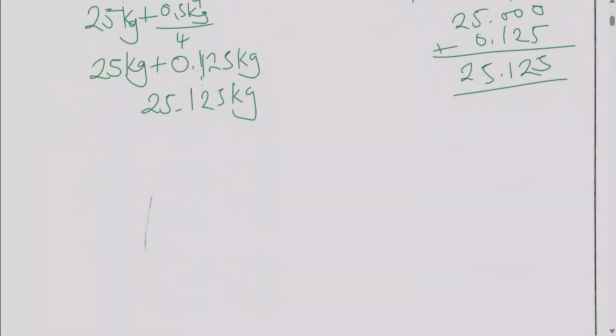So to do that, we're going to come up with a formula, which is relative error is equal to absolute error divided by true value. Okay, true value.